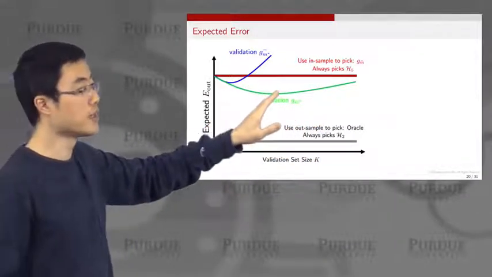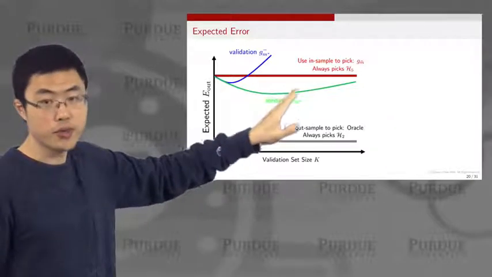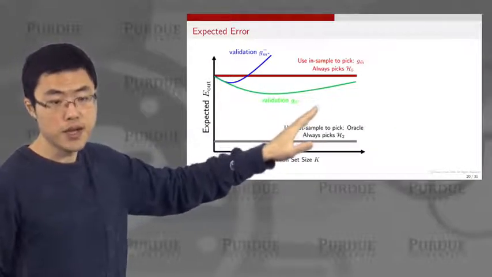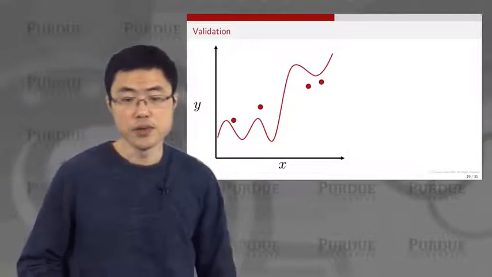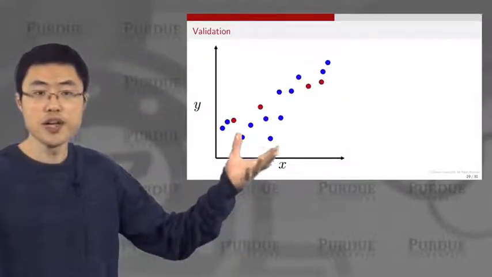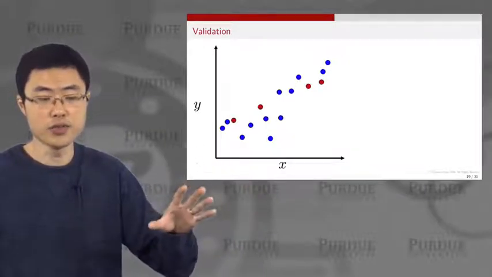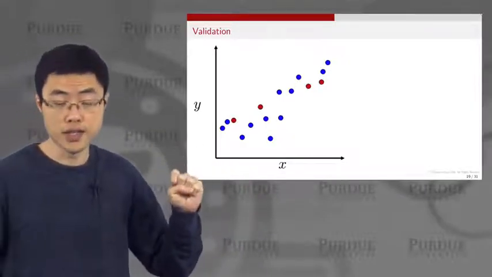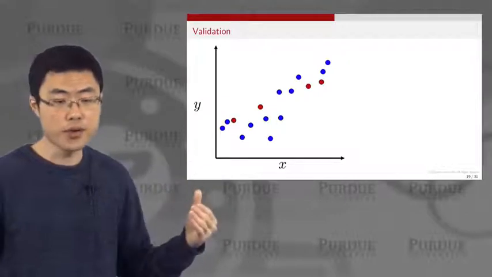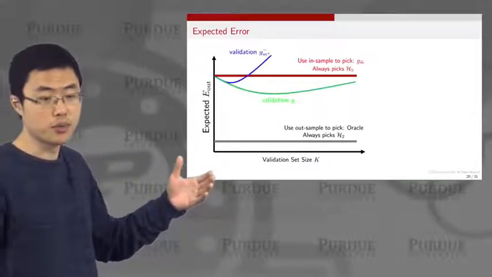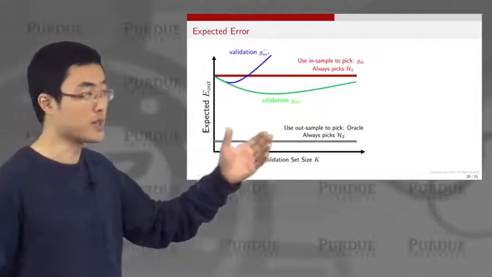So you can see that there is a clear benefit of recycling the data, especially when you go back to the example here. We only have a very, very small set of data points, and therefore when you're trying to do the validation, you are actually using some of the data points, and therefore by recycling, you actually help minimize the expected error.